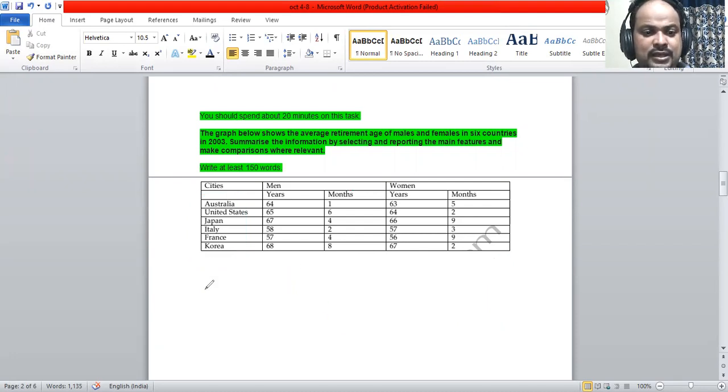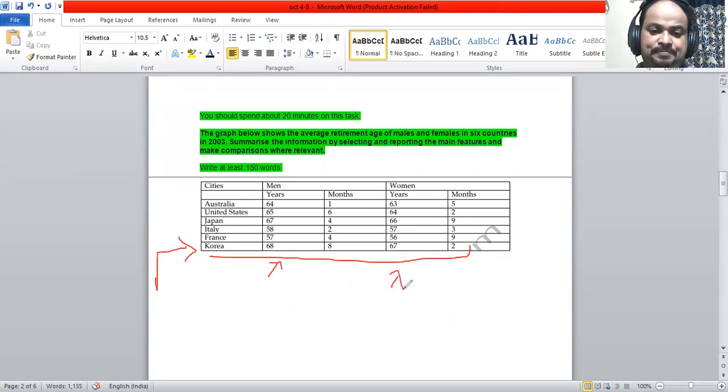So the highest here is Korea. The retirement age is highest in Korea for both genders. In the case of men it is the same, and in the case of women it is the same. So we don't have any confusion. The highest retirement age is in Korea.